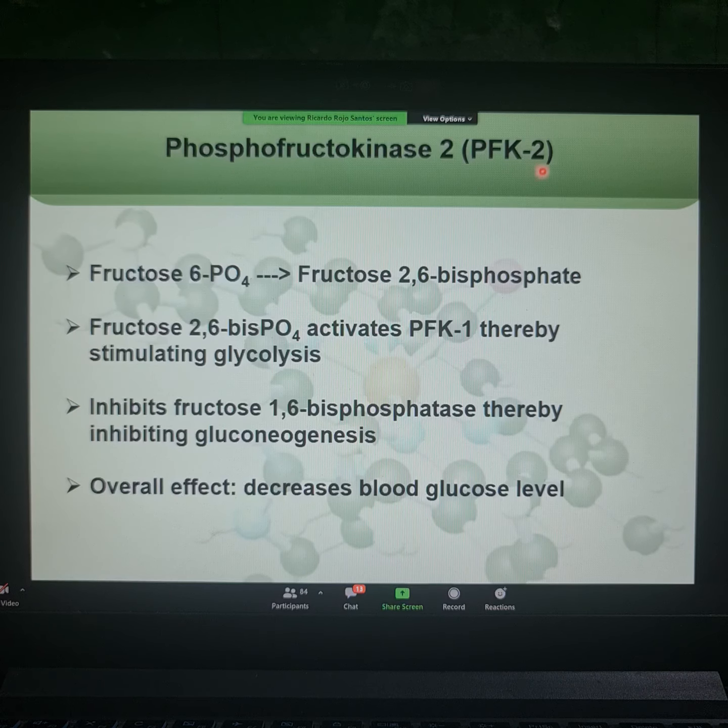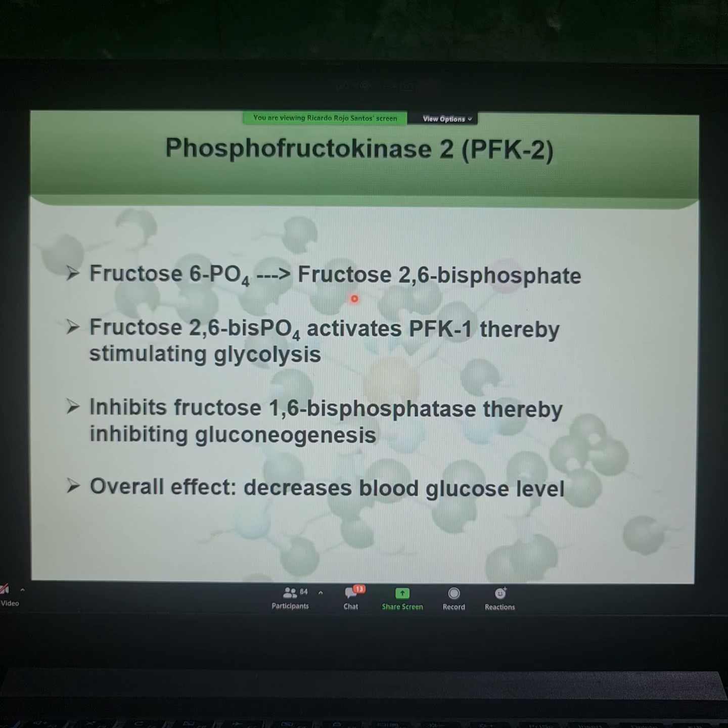Phosphofructokinase 2 converts fructose 6-phosphate to fructose 2,6-bisphosphate. Take note of that. PFK1 converts fructose 6-phosphate to fructose 1,6-bisphosphate, while PFK2 converts fructose 6-phosphate to fructose 2,6-bisphosphate.